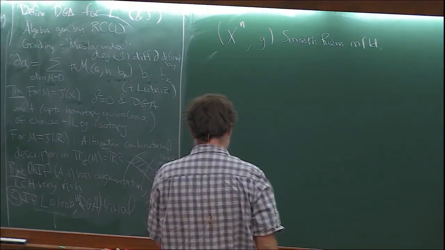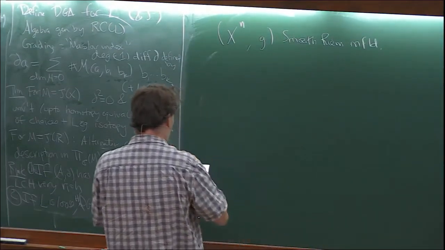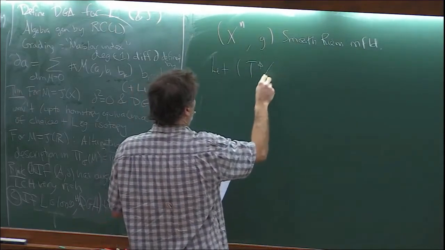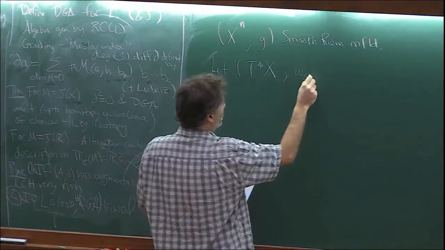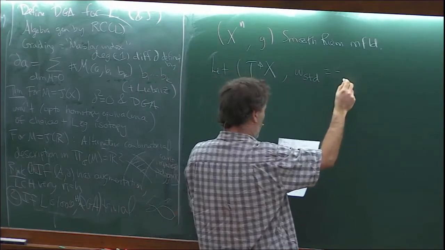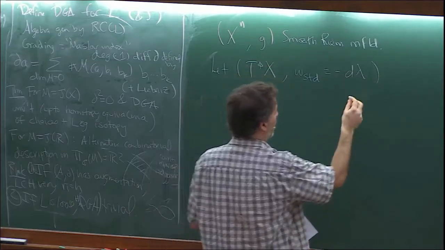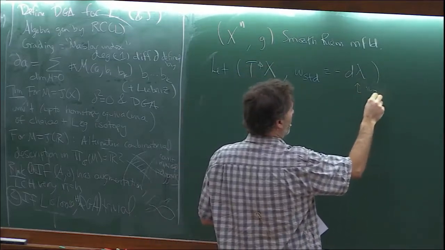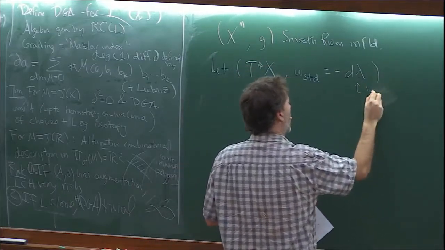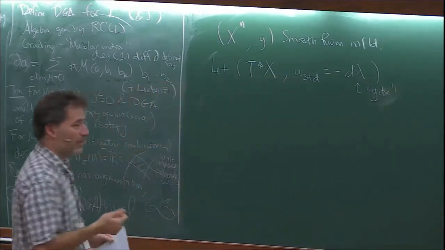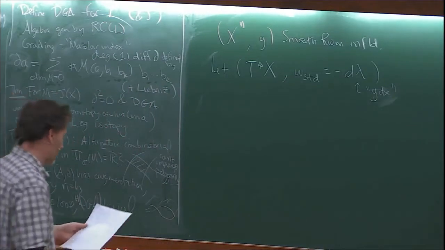Then you have your cotangent bundle, which you normally write as this d of lambda. This is the Liouville form, the canonical 1-form, which in coordinates I was calling p dq, or maybe I was calling it y dx, where y is momenta and x are position coordinates.